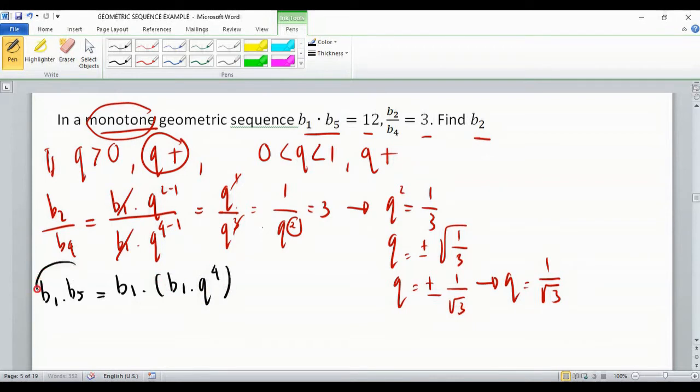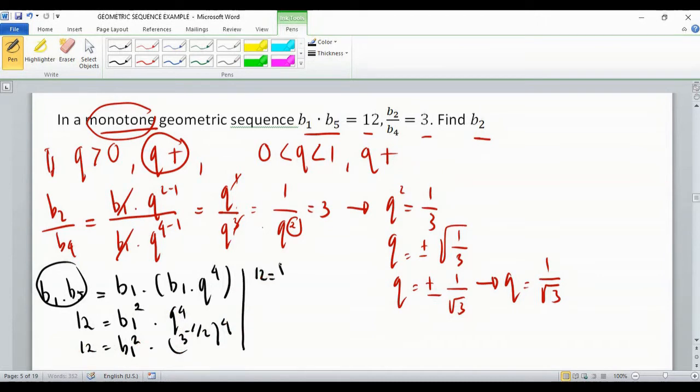And we have the value of B1 times B5, which is 12, equal to B1 square times k power 4. So we can write 3 as 3 power minus half, power 4. It's equal to 12 equals the first term square times 3 power minus 2. So 12 over 3 power minus 2 equals B1 square.